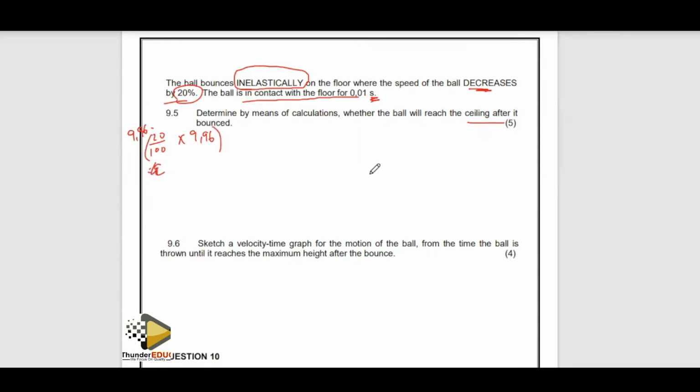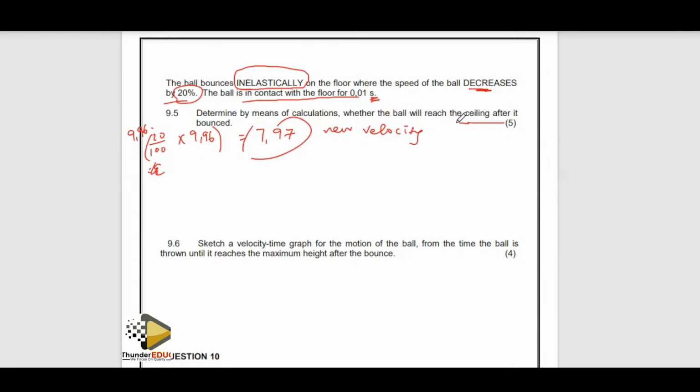So it's 9.96 minus 0.2 times 9.96. I'm getting 7.97. Okay, that is 7.97. So this is going to be the new velocity.